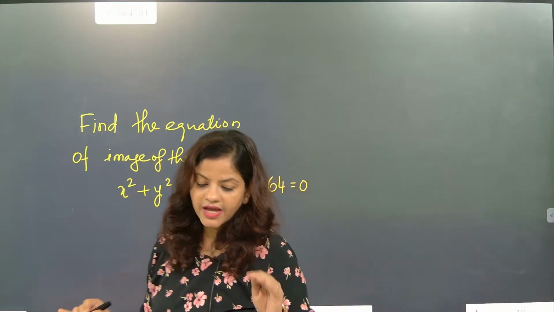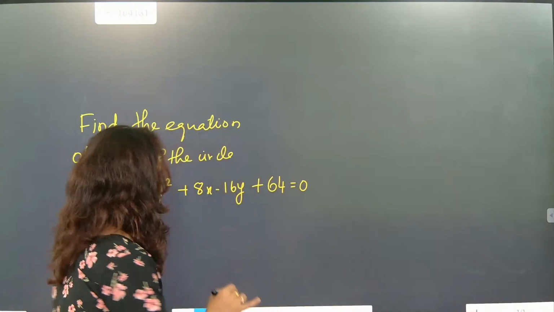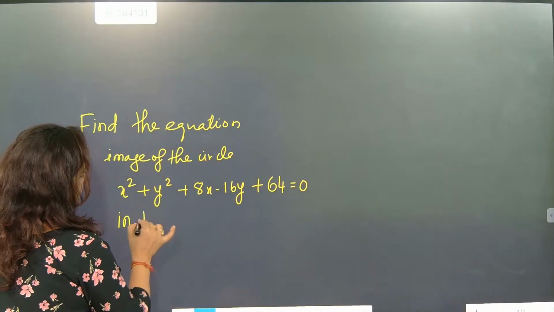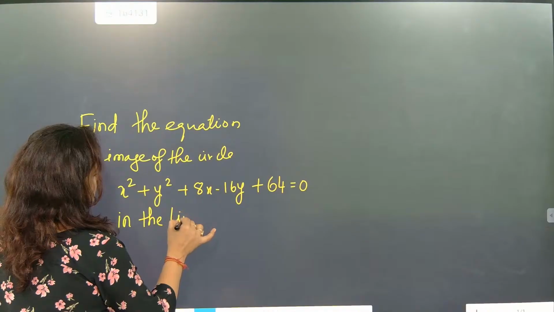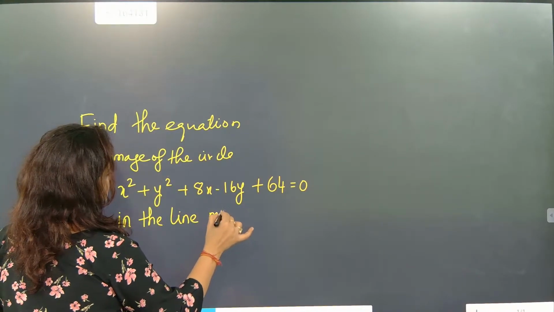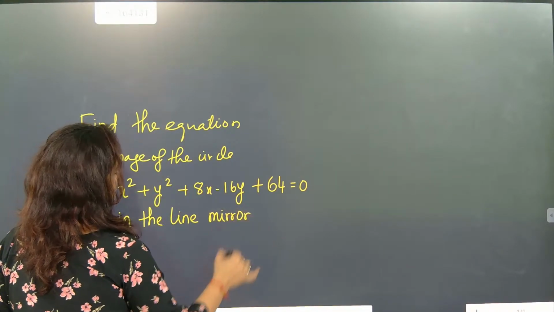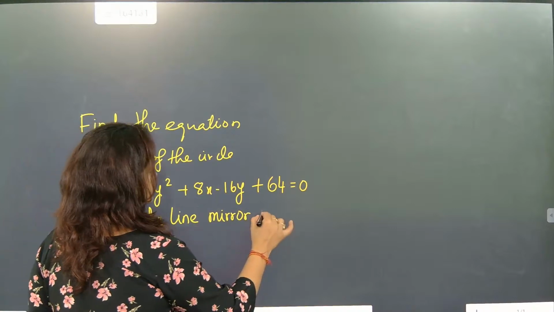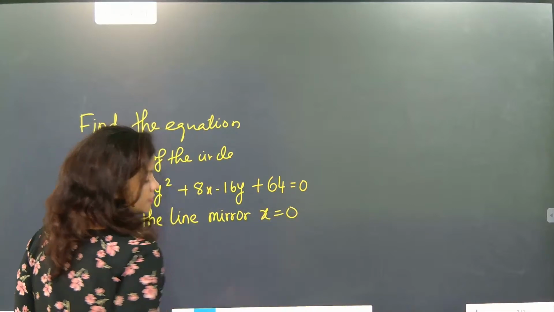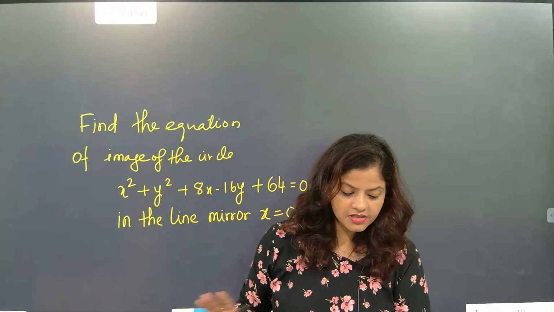So here the mirror is acting as x is equal to 0.